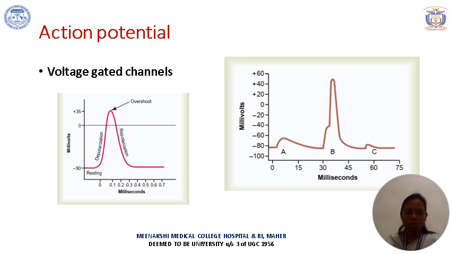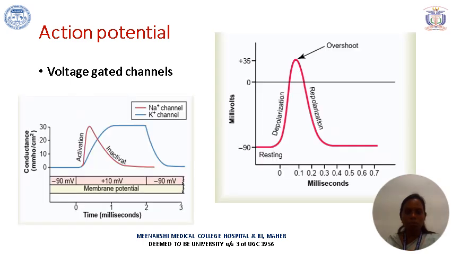The first phase is the depolarization phase. Depolarization is against the polarized state, because of the opening of sodium channels. When the sodium channels open, sodium influx happens, which moves the negativity of the resting membrane potential towards positivity. This positivity increases up to plus 35 millivolts.